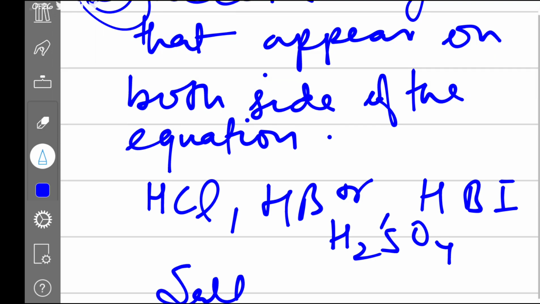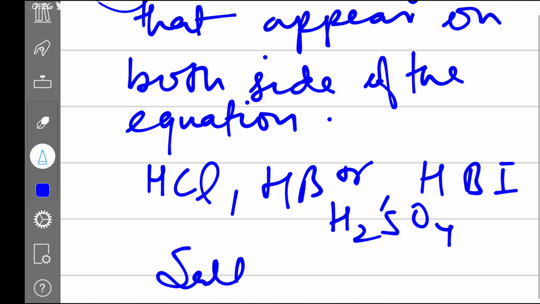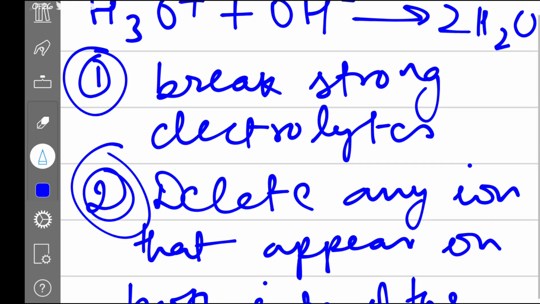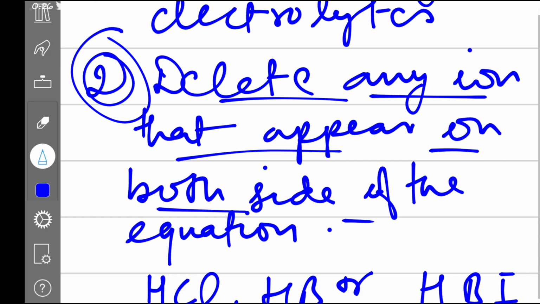So this is a matter of memorizing the 7 strong acids and checking for the presence of a metal or ammonium. Note that all the strong bases contain metals, and all the salts contain either a metal or ammonium. Just remember that. So what is the second rule? The second rule says to delete all ions that appear on both sides of the equation.